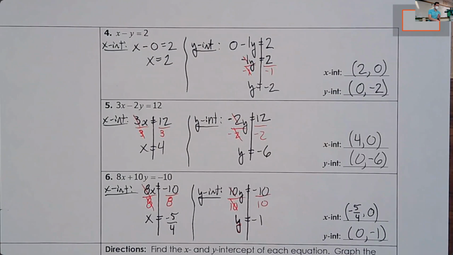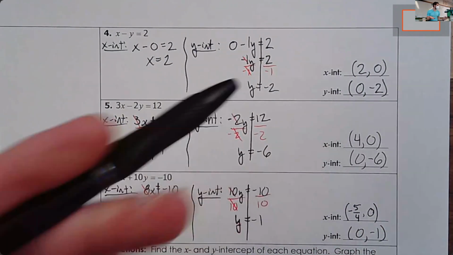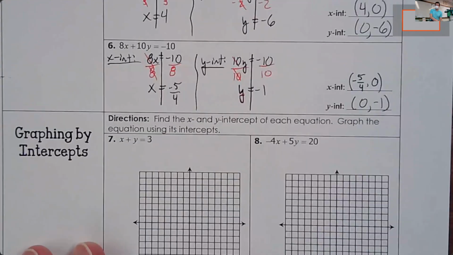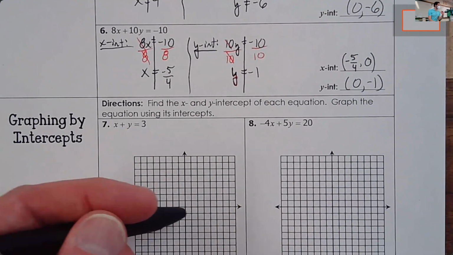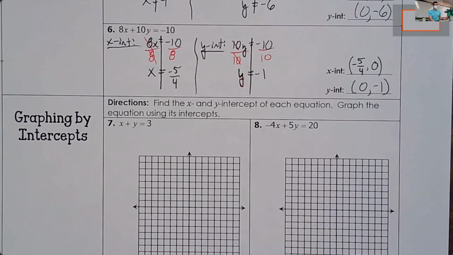So you will not see anything like number 6 down here on 7 through 10. 7 through 10 will be much more like 4 and 5, because if you're being asked to put points on a graph, you're usually being asked to put points on actual whole number locations, because those are a lot easier to find, especially when the grids are this small. It would be kind of mean if it was like, here, put 5/4 on this graph. You'd be like, it's too small. I can't get accurate with that. So expect these to end up as whole number values.